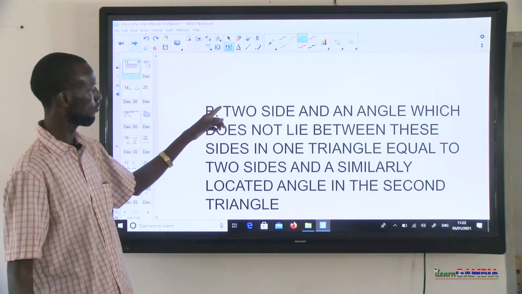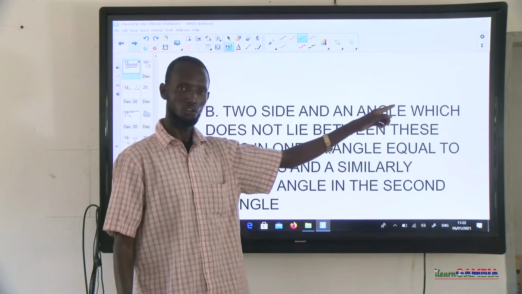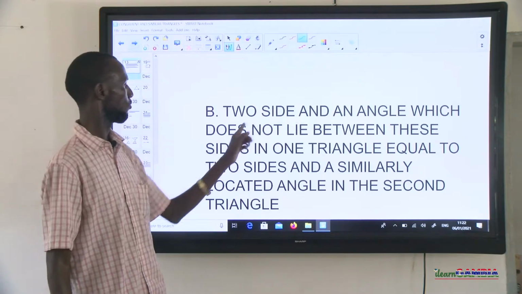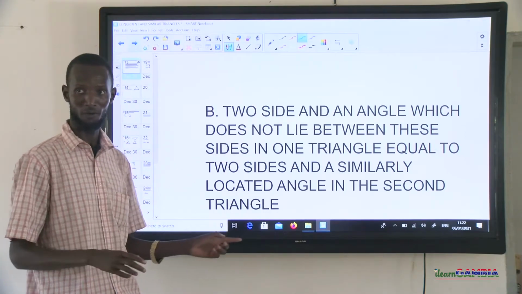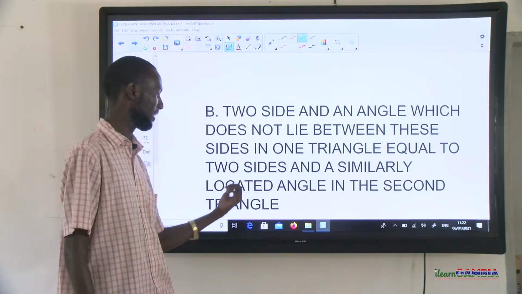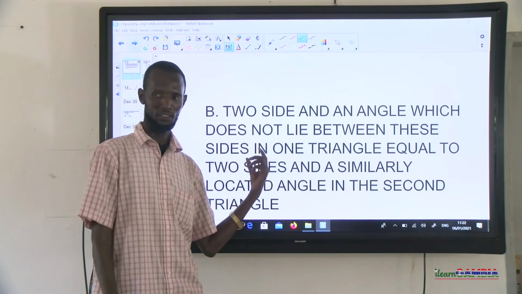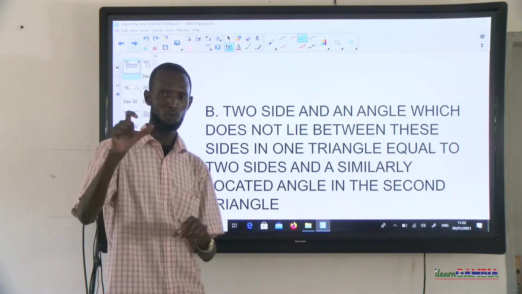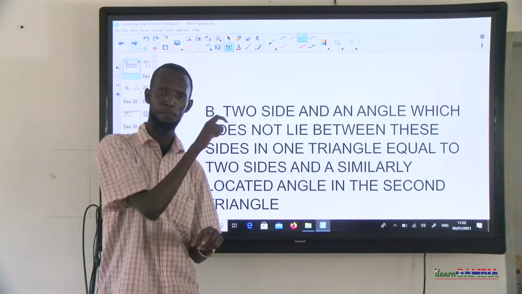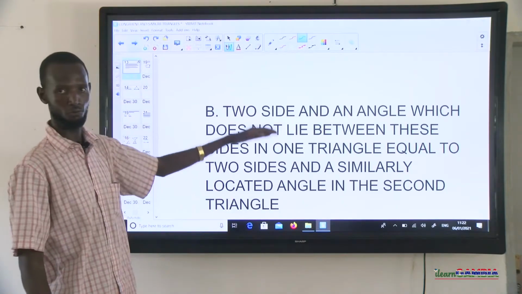Just because you have two sides and an angle, but that angle does not lie between those two sides that are equal in one triangle. If that's equal to two sides and a similarly located angle in the second triangle, this also does not prove congruency. Alright, the sides may be equal, but because the angle is not located between those two equal sides, you cannot use this to prove congruency.